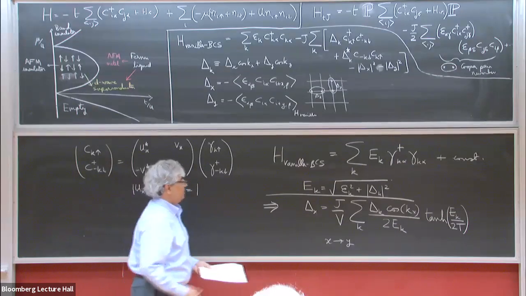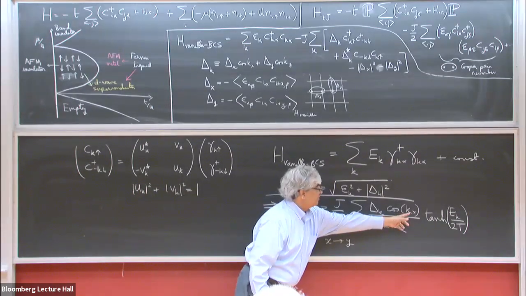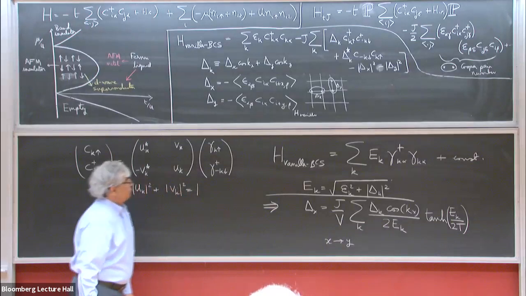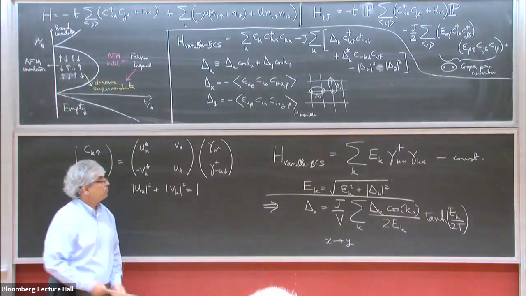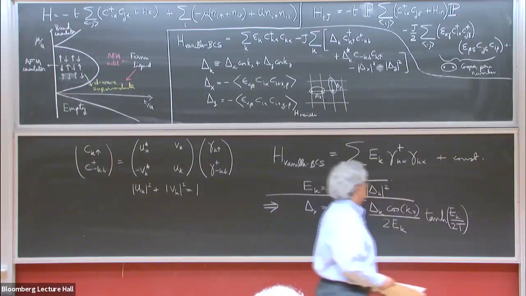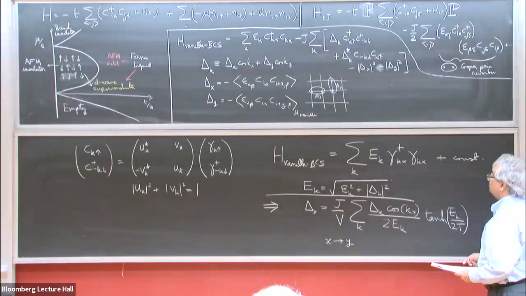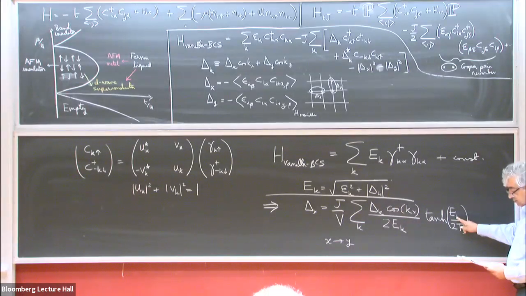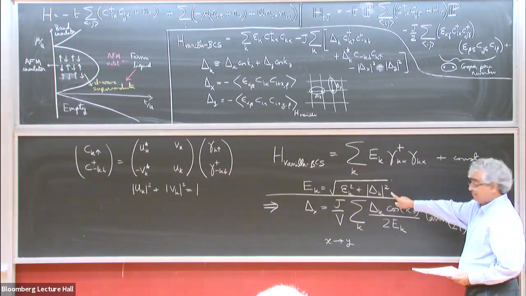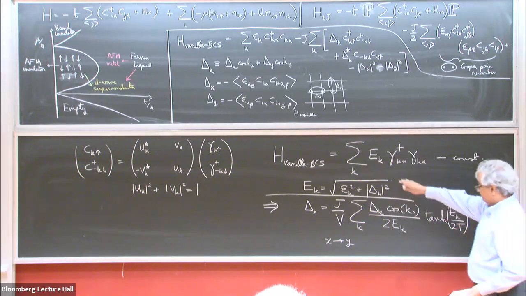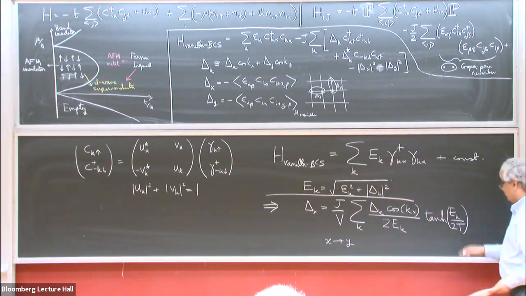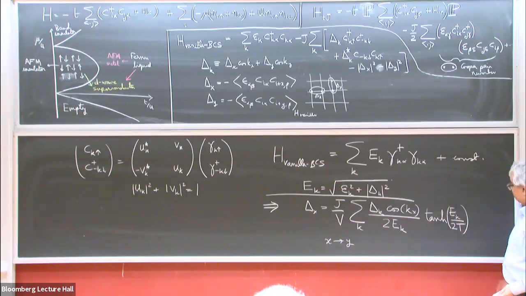It's exactly the same, except you replace this with k_y over there. Is that meant to be epsilon_k? This is capital E_k, I think it's okay, which is this number here. So that is the energy of the quasi-particle excitations, and this tanh simply comes from the Fermi functions of those quasi-particles.